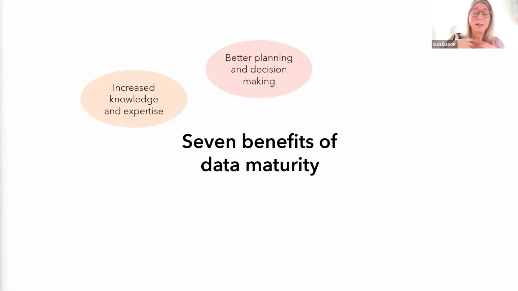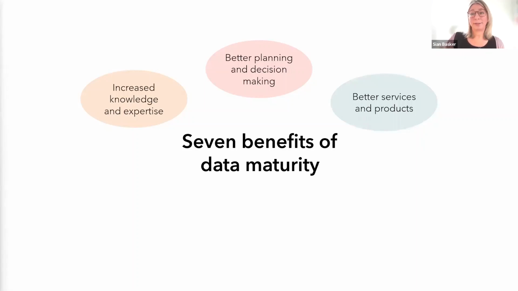So long gone are the days where you might evaluate where your organisation's at on a sort of 3 or 5 year basis. It's now much more real-time data that is needed, much faster moving world. And so being able to have the data at your fingertips to be able to support your planning and decision making, both at a tactical level and a strategic level in your organisation, is a really powerful resource.